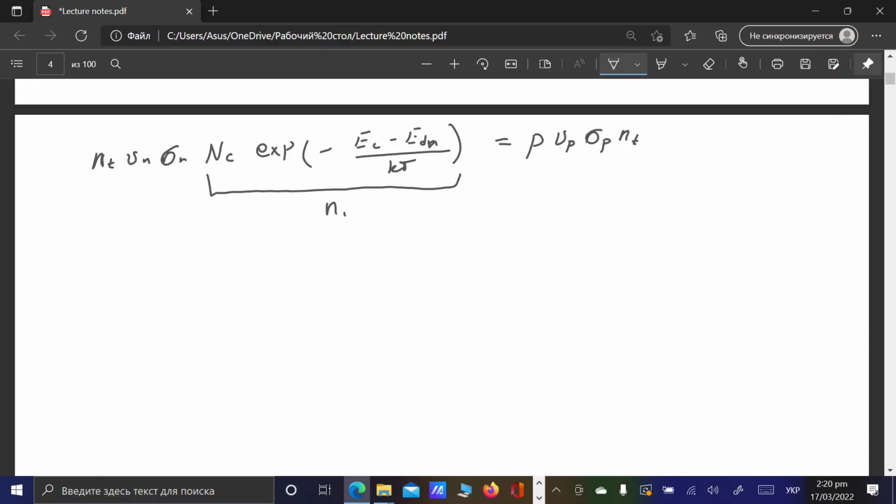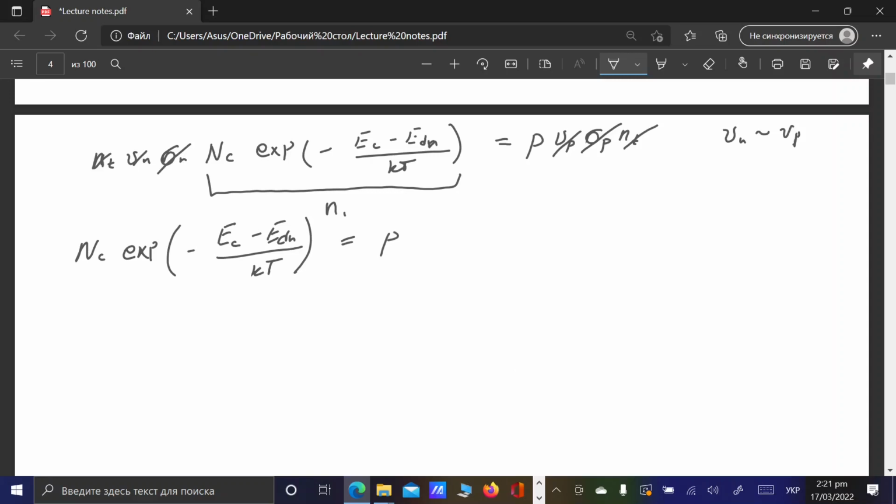So now we can cancel these, assuming that Vn is about equal to Vp. To make it easier, we can also cancel this. We have only Nc times exponent minus Ec minus Edn divided by Kt, and this is equal to P. Oh, I made a mistake.